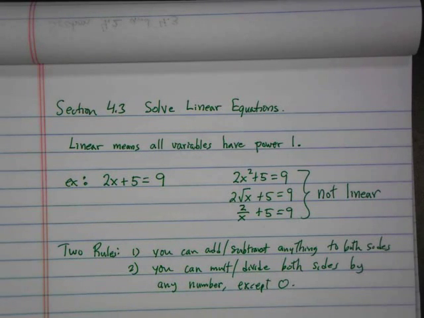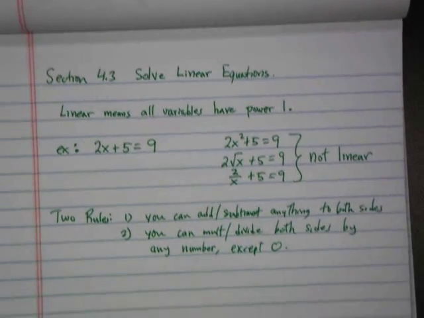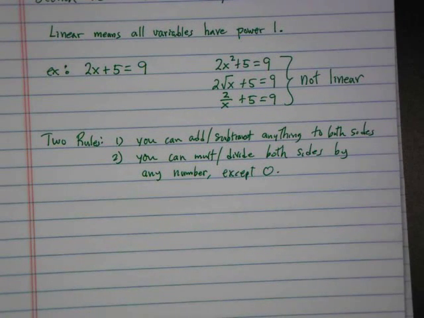How come you can't multiply both sides by 0? When you multiply by 0, you get 0. You would have 0 equals 0. That doesn't do you any good, does it? How come you can't divide both sides by 0? Because it's always going to be undefined. Can you ever divide by 0? No. So you can never divide by 0. You would have undefined.